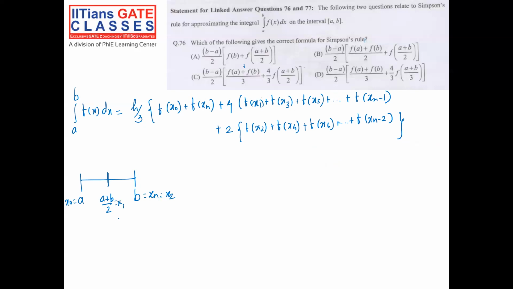So with this, try to solve this question. In this case, the value of h is equal to b minus a divided by 2, because we got 2 intervals here, a to a plus b by 2 and a plus b by 2 to b.